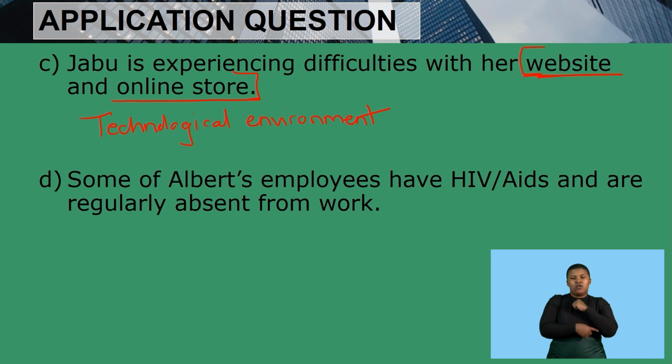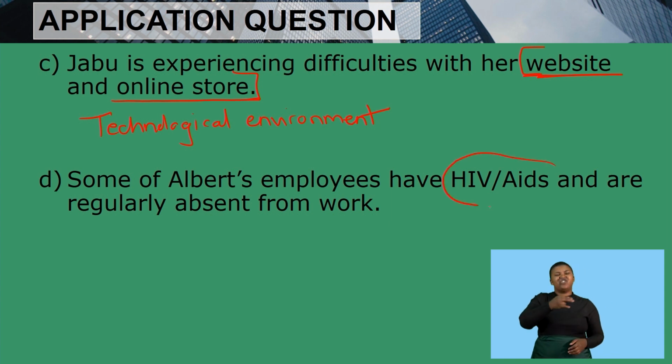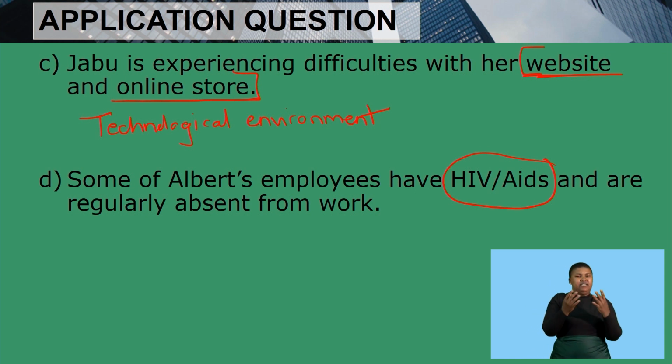And then our last statement, some of Albert's employees have HIV/AIDS and are regularly absent from work. So this is of course then a health issue, and a health issue is an example of our environmental issues.